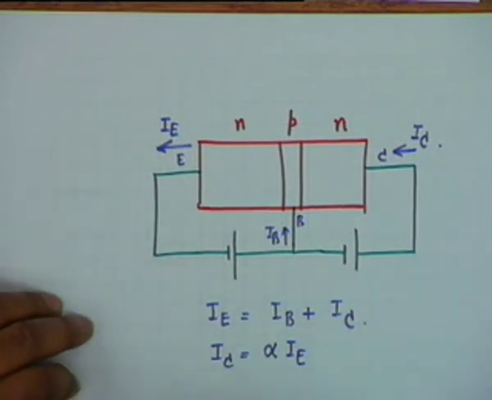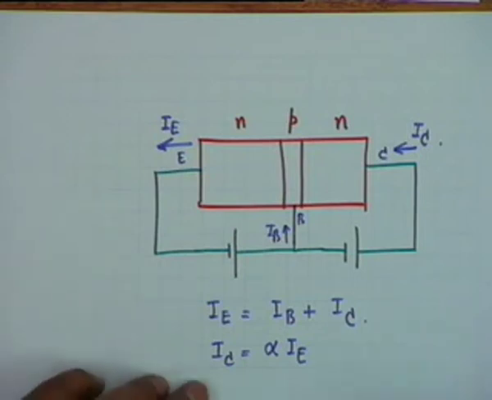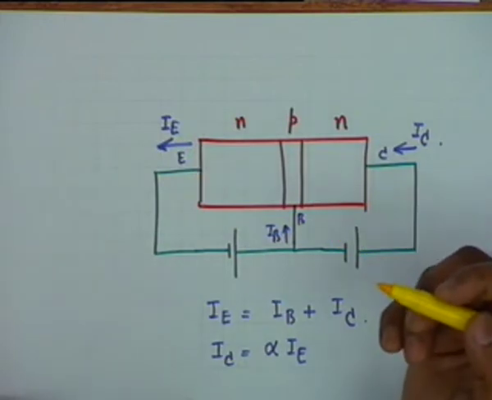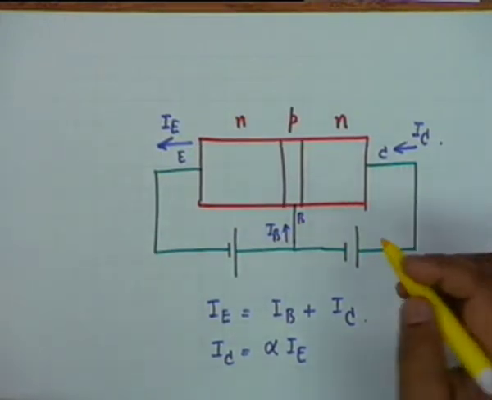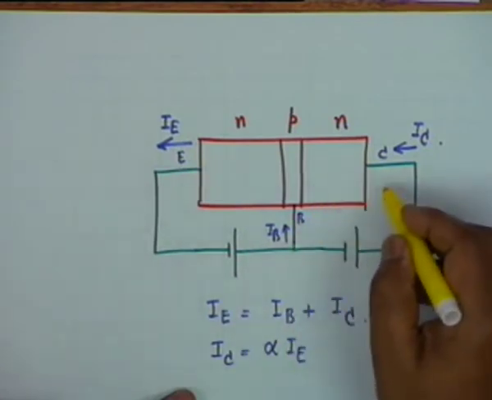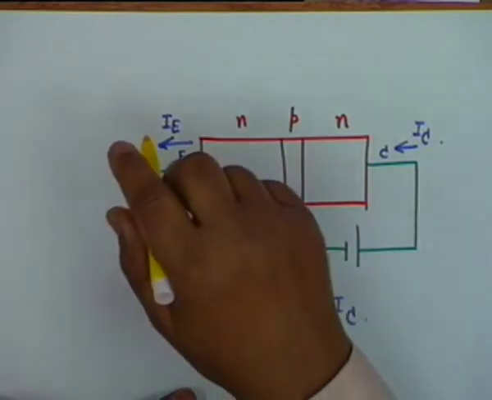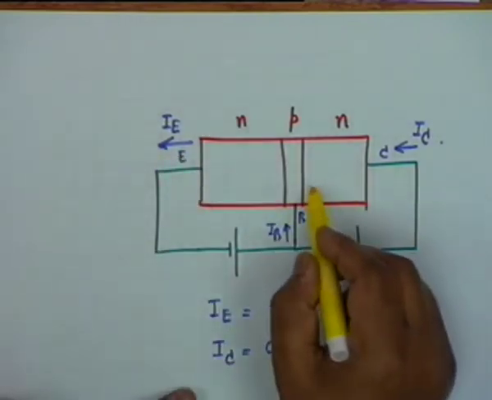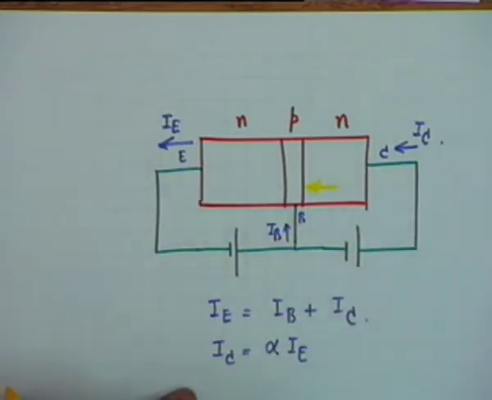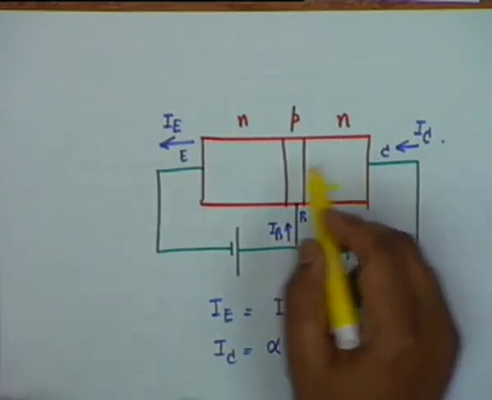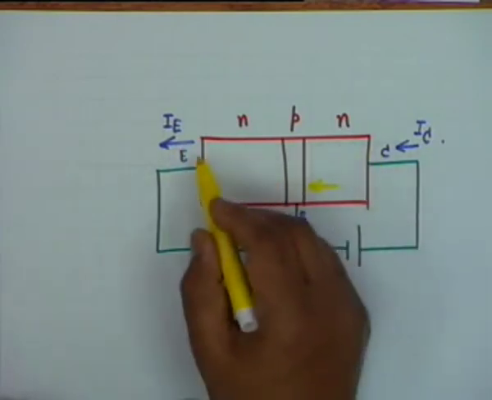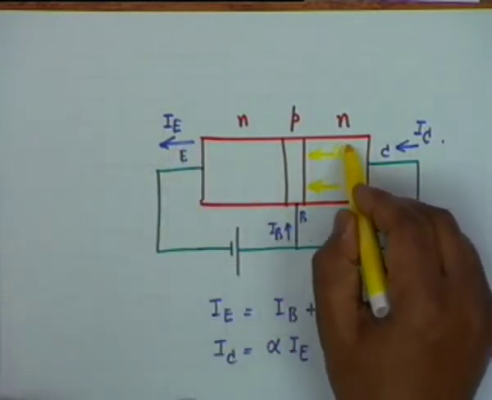Now in addition to this cause of current, there is another reason for a current flow, and this is the minority carriers. This junction is reverse biased. Now you know that in a reverse biased junction there is a reverse saturation current, and obviously this is the direction of this current. So due to I sub E, the current here is alpha I sub E.